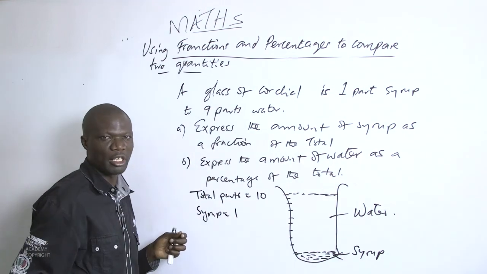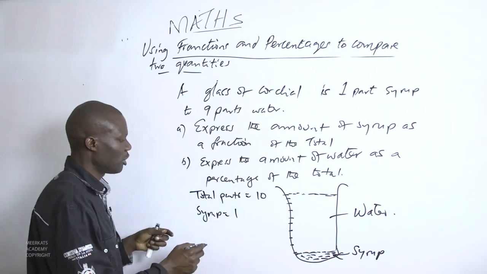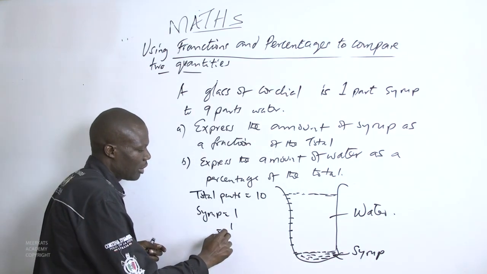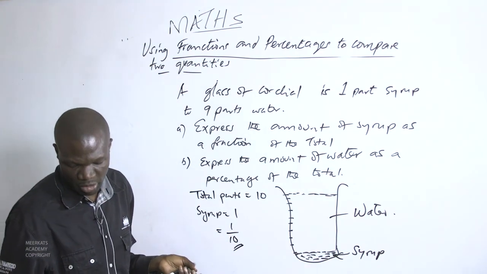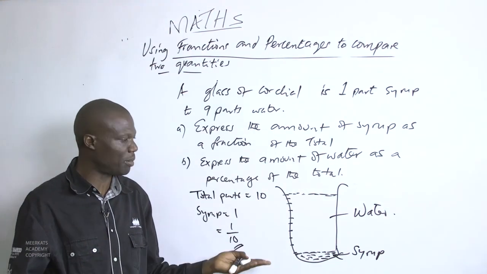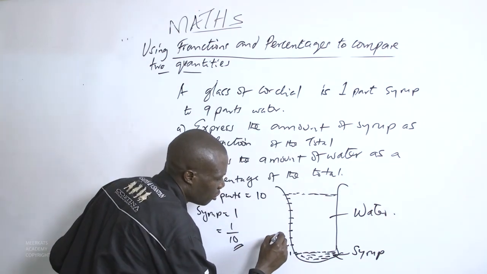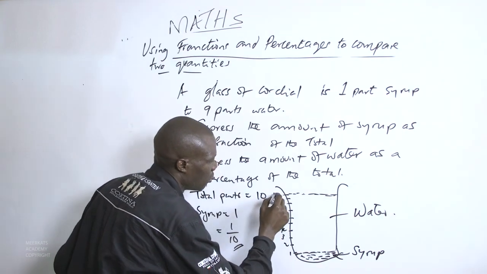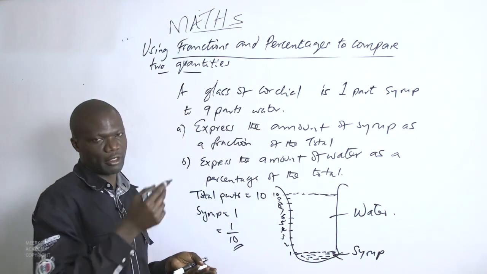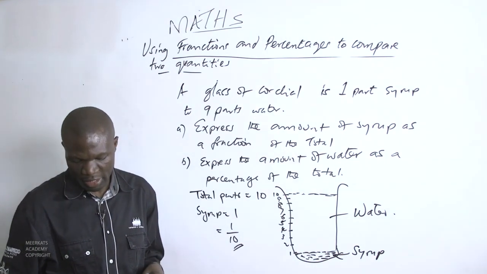So to express the amount of syrup as a fraction of the total, this will be 1 over 10. Simply because there is a total of 10 parts, as we have seen. So syrup only makes 1 over 10.